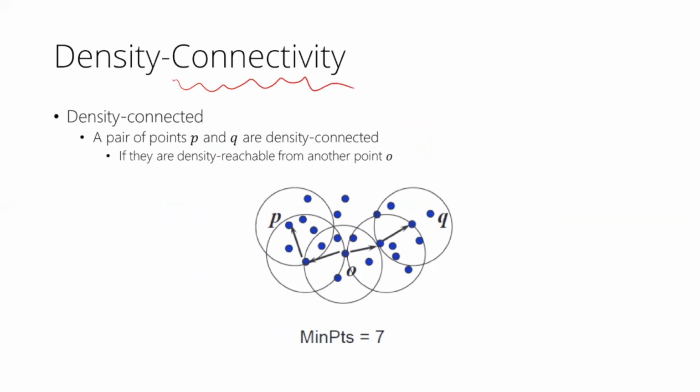A pair of points P and Q are considered density connected if they are reachable as a chain from some other point O. So consider an arbitrarily selected point O, and if point P as well as point Q is reachable through multiple chains, no matter how many times the chain is connected, as far as P and Q are reachable from point O, we consider P and Q density connected.